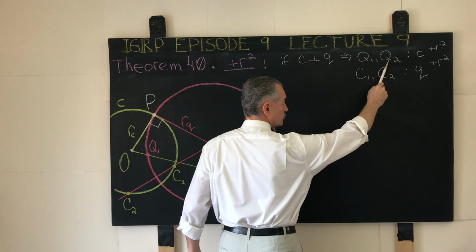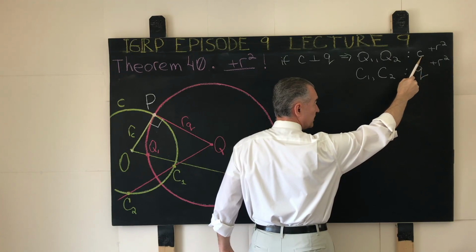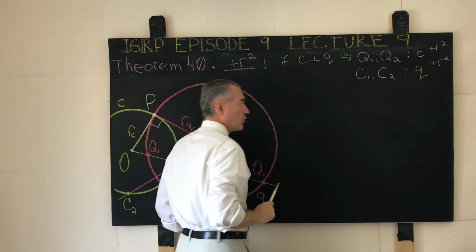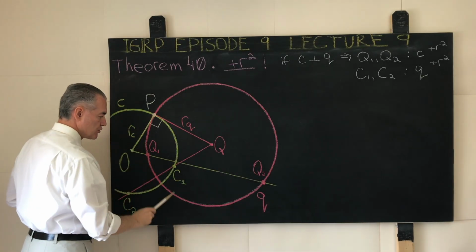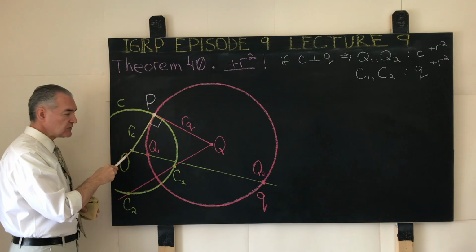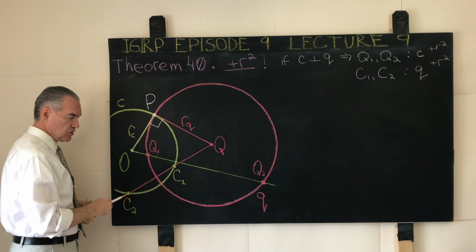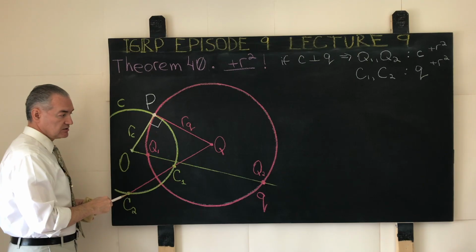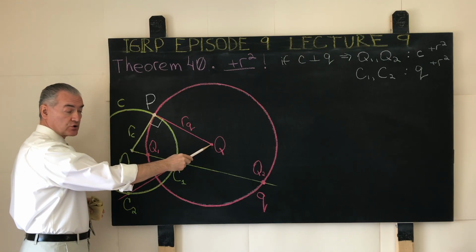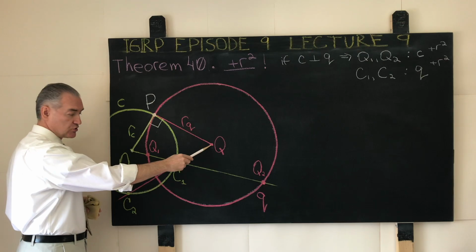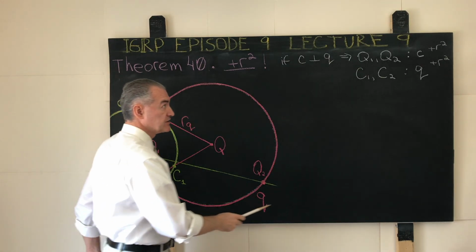The points Q1 and Q2 will be the inversive images of each other with respect to the inversion of the parent plane in the circle C with positive power if any secant is drawn to the circle Q through the center of the other circle, through the point O. And conversely, the points C1 and C2, which are the intersections of any secant that is drawn to the circle C through the center of the other circle, the point uppercase Q, are the inverses of each other with respect to the second circle Q with positive power.